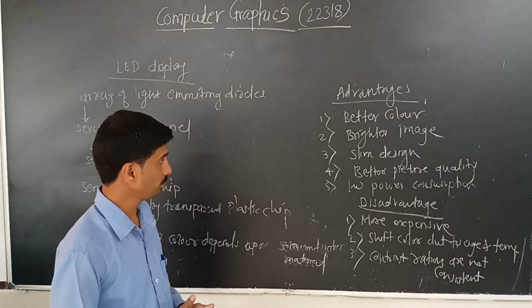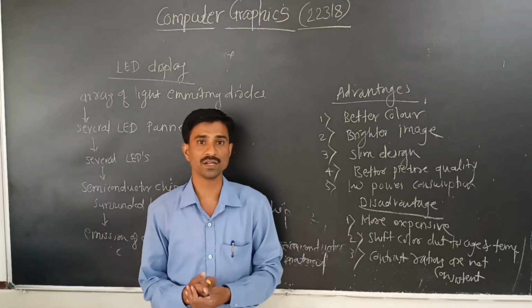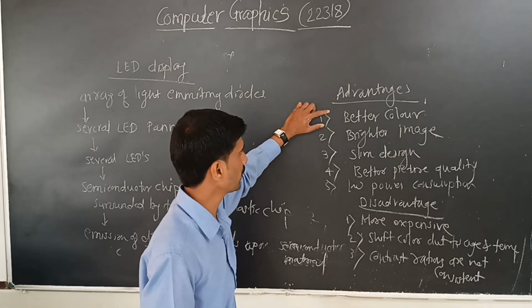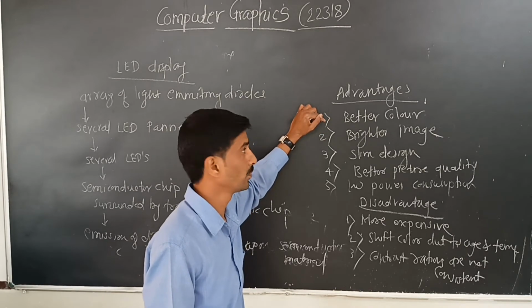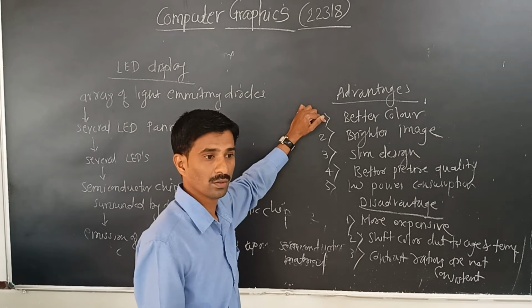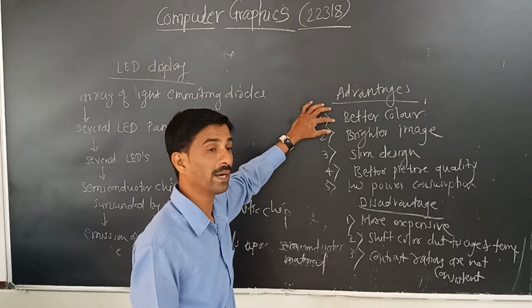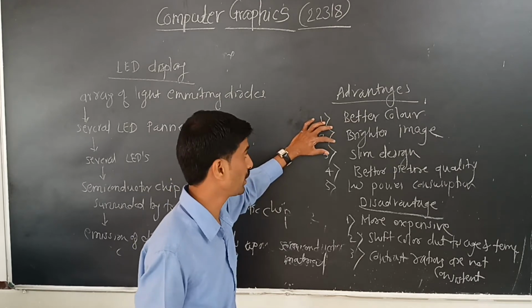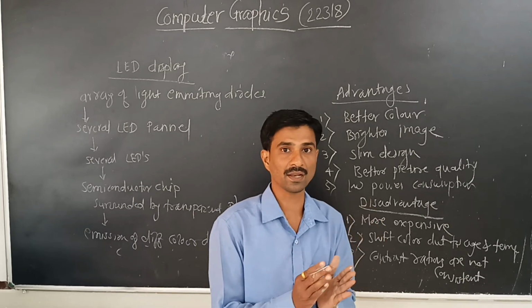Okay, then we will see the advantages and disadvantages of LED. The advantages: first is better color. Whatever we are displaying on this device, they have better color. They are showing brighter images. The LED has a slim design.